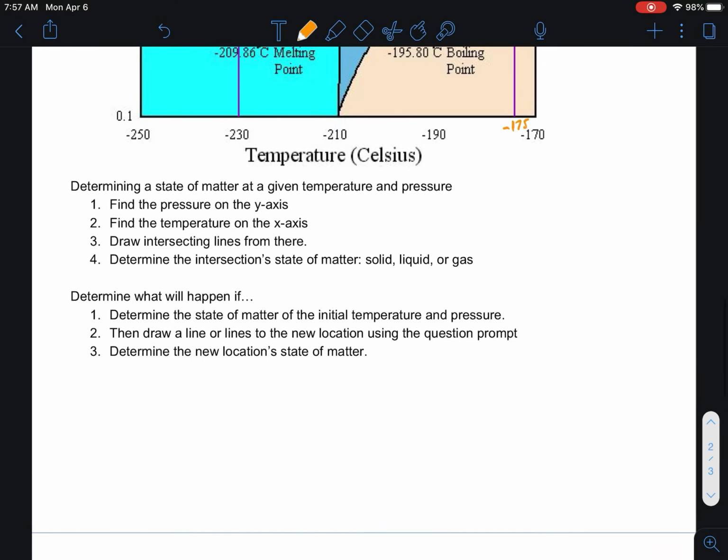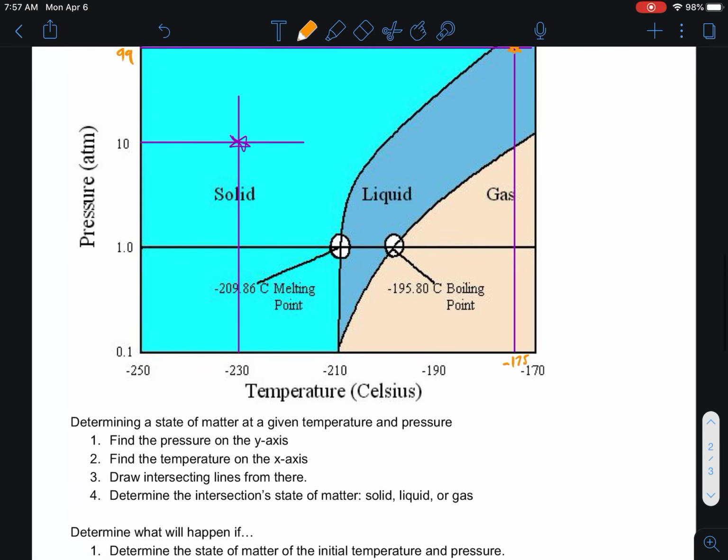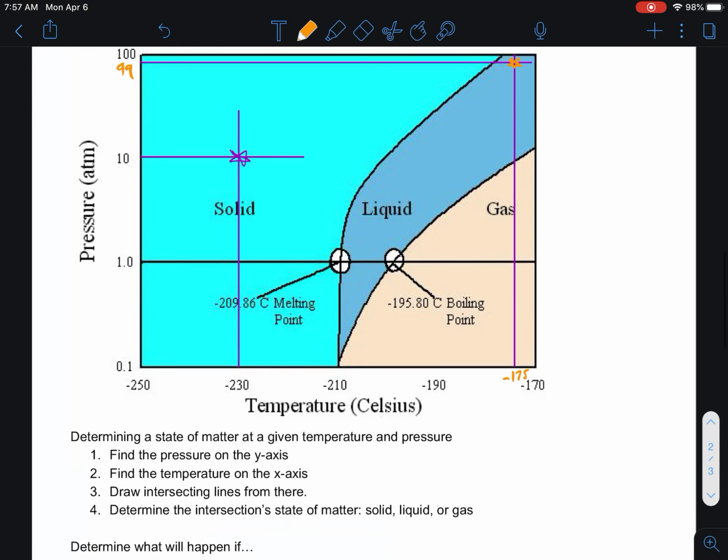So, determine what would happen if. Let's say we started at negative 230 degrees Celsius. So we're again here. You already told me that's a solid.